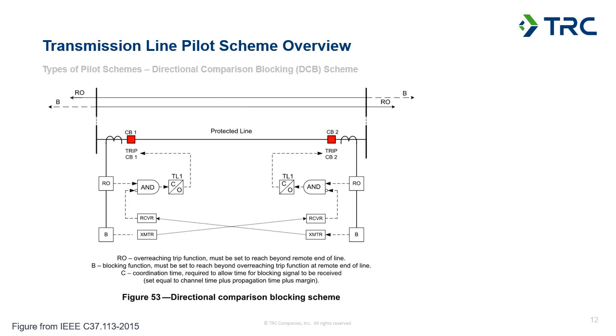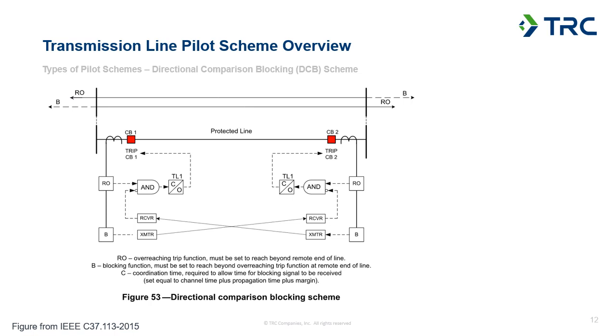Similar to the POTT scheme, we're going to be using one of the relay overreaching elements set to see past the remote end of the line. But we're also going to provide a reverse looking element that's going to be set to determine if the fault is behind the relay. So for each terminal, we'll have that forward overreaching element and the reverse blocking element.